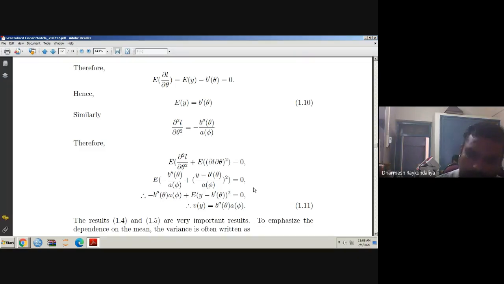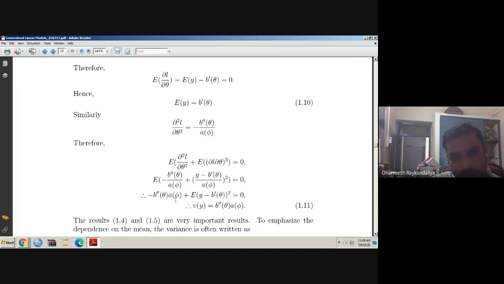You just write the likelihood, then the log likelihood, then take the derivative of the log likelihood with respect to the parameter theta, take the expected value of that, equate it to 0, and you will get the mean as b dash theta. Then find out the second derivative of the log likelihood, and you will get this form. We know another relation: the expected value of del square L by del theta square plus the expected value of del L by del theta whole square equal to 0.